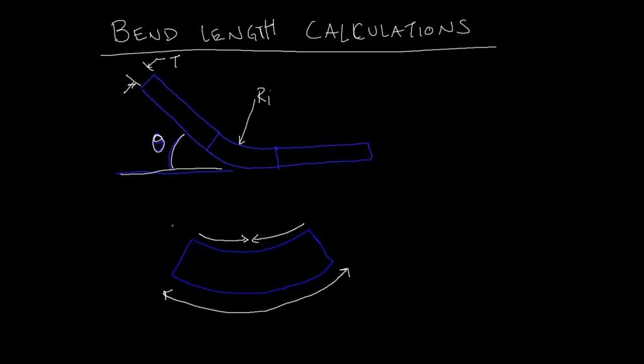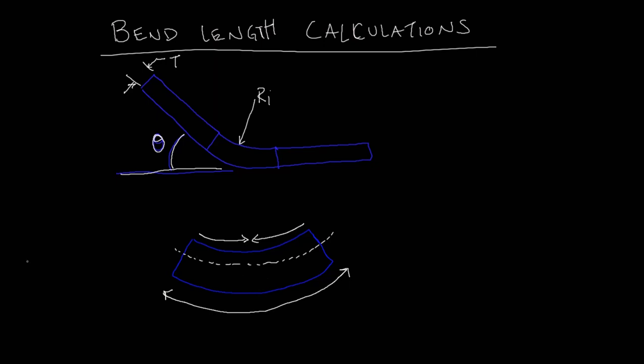along the thickness here, there's going to be a neutral axis. And at the neutral axis, there is no compression or tension, which means that the material is the original length. It is neither being stretched or compressed.